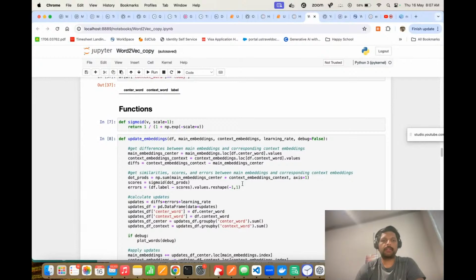Calculate updates. Updates is differences into errors into learning rate. That is good, updates.